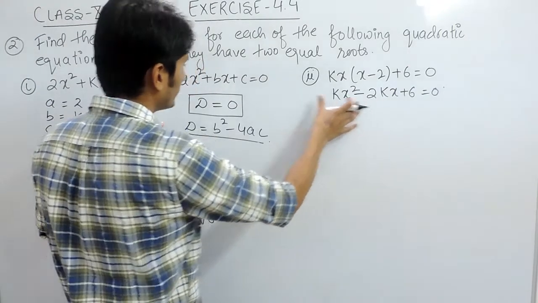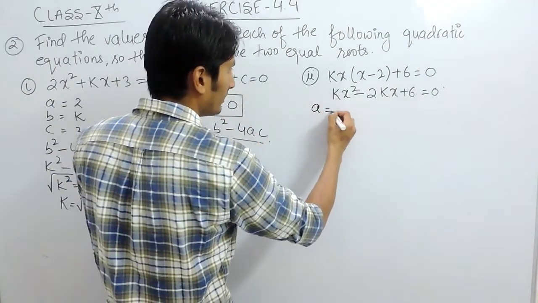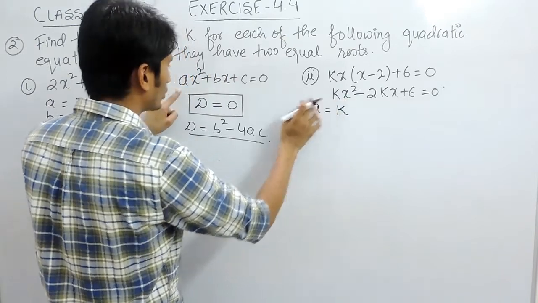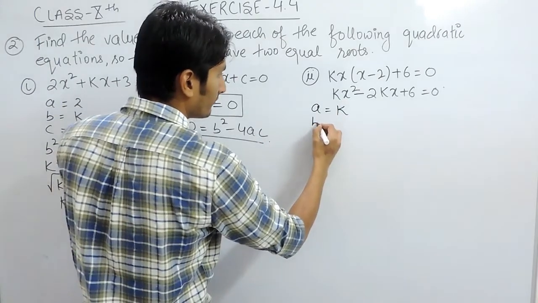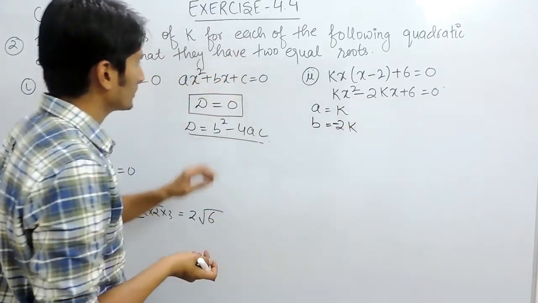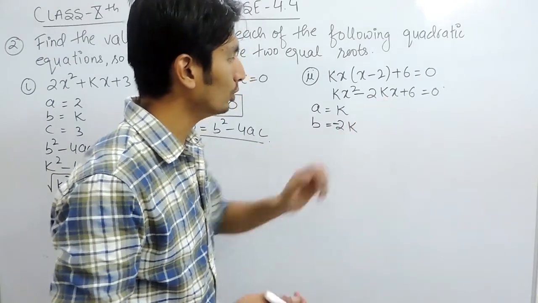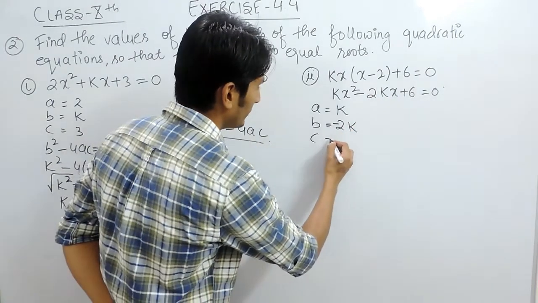Compare this equation with the standard form and find the values of a, b, c. So the value of a will be k, which is the coefficient of x square. The value of b will be minus 2k, because b is the coefficient of x, and here the coefficient of x is minus 2k. And the value of c will be 6.